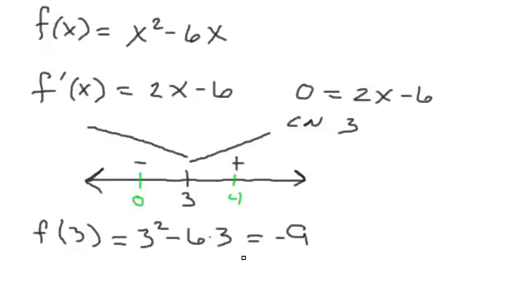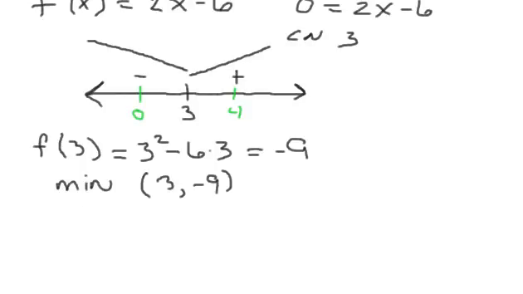Okay, negative 9. So we're going to get a min, let's label it as a minimum at 3 comma negative 9. Okay, minimum's going to occur there.